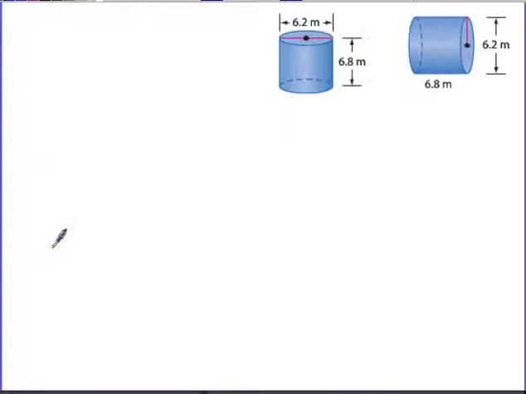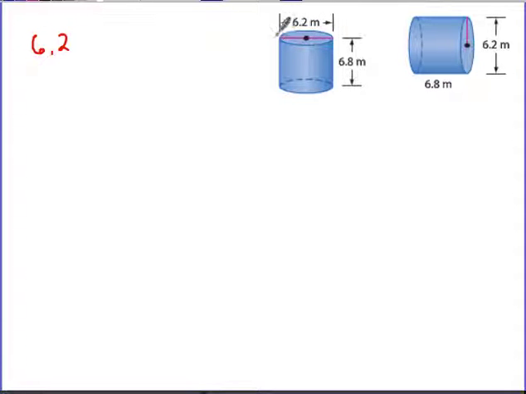Okay. Let's do the same exercise here with some cylinders. We have to be careful that we're comparing the same dimension. So if I use 6.2 from this one, what am I going to use from the other one? 6.2. Are you sure? Yeah, sideways. 6.2 is what?